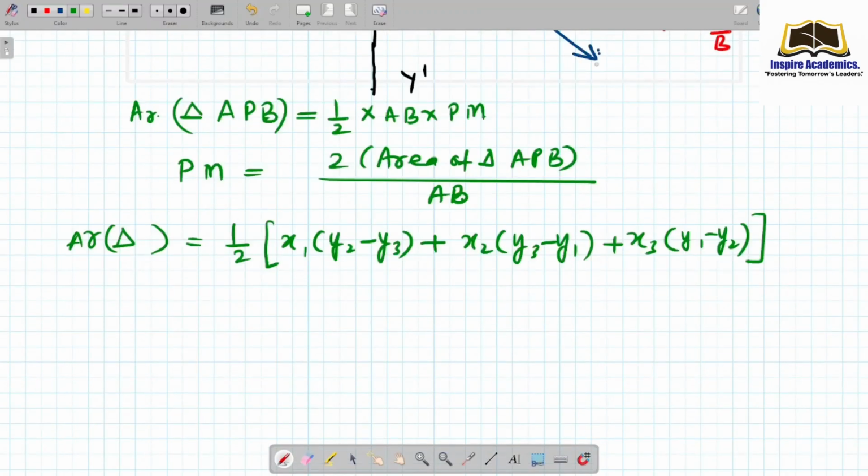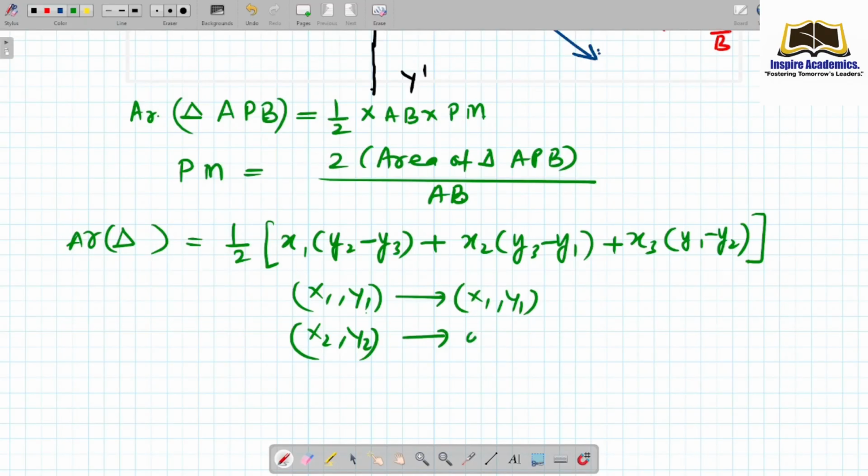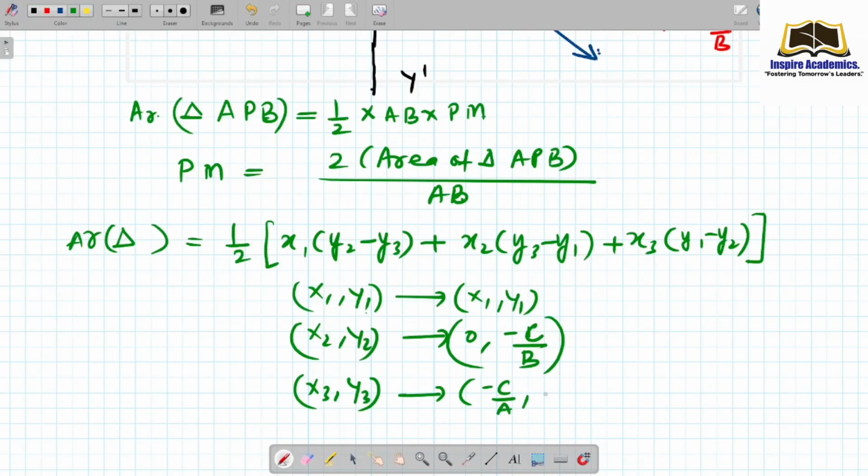So we can write x1 comma y1 is the same x1 comma y1, then x2 comma y2 is actually 0 comma negative c by b, okay, and then x3 comma y3 is negative c by a comma 0.